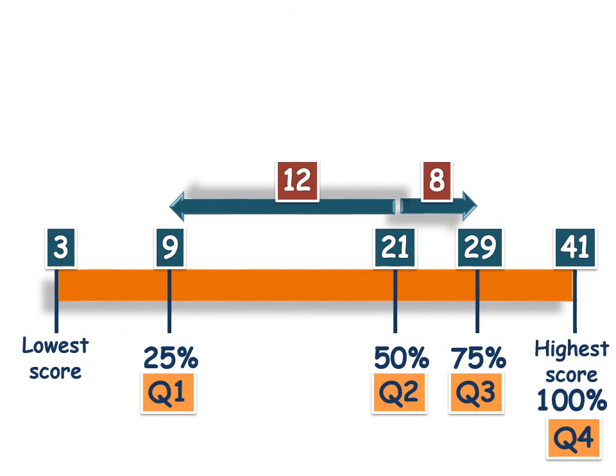So what you find is below the median, that is between Q1 and Q2, you have 25% of students distributed over 12 marks, and on the upper side of the median, the first 25% of cases between Q2 and Q3 are spread over 8 marks. In a normal distribution, this would be exactly the same, but as we know, this distribution is skewed.